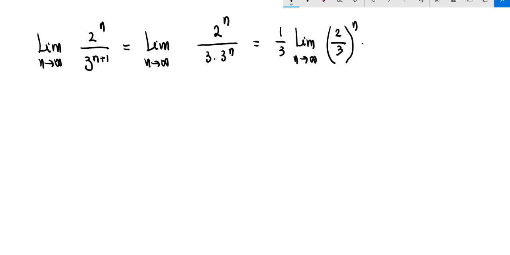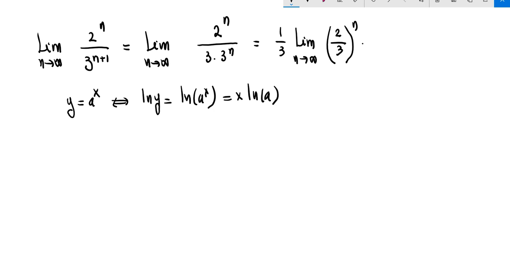All right. Now remember that if y is equal to aˣ, then this is equivalent to the fact that natural log of y is equal to the natural log of aˣ, which is really x times natural log of a. Now exponentiating each side of this equation gives us that e to the natural log of y is e to the x natural log of a, and this really means that y is equal to e^(x ln a).